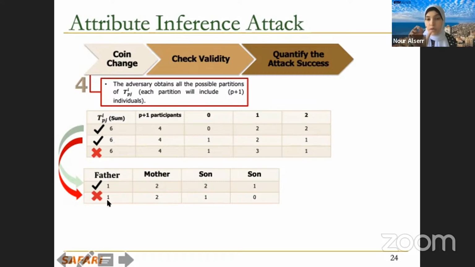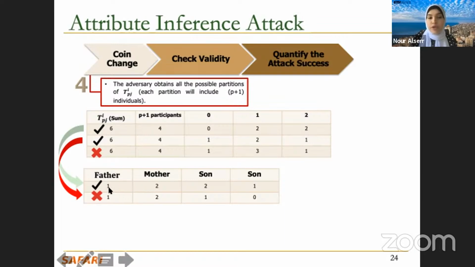Now, the adversary knows that the family members are included. He knows that, okay, we have the father, the mother, and two sons, for example. Do you remember Mendel's law from the beginning? Here he will use Mendel's law to validate the permutations we have.